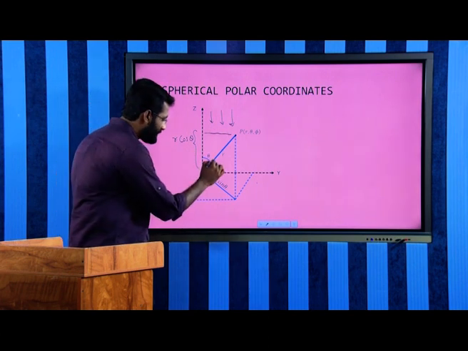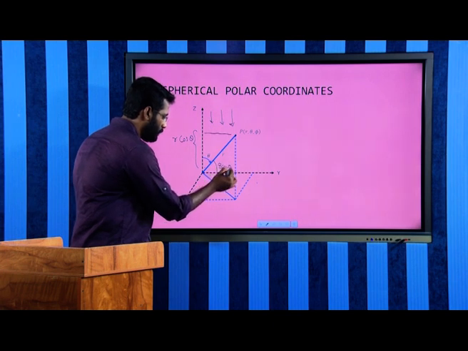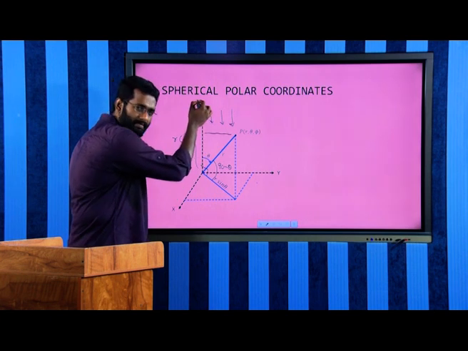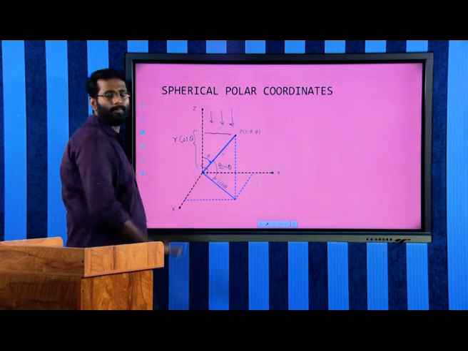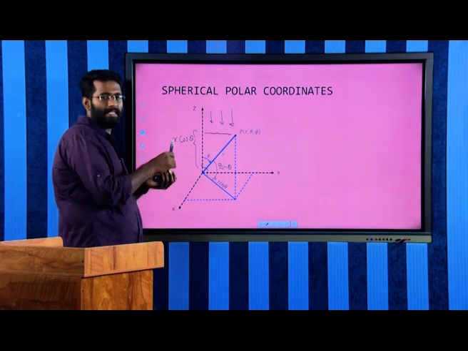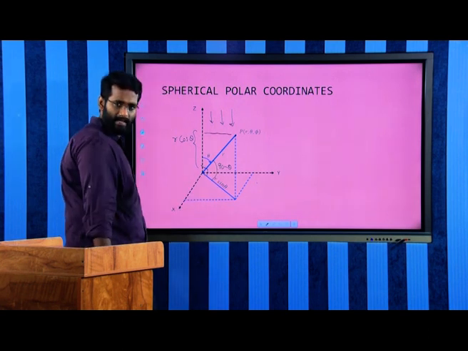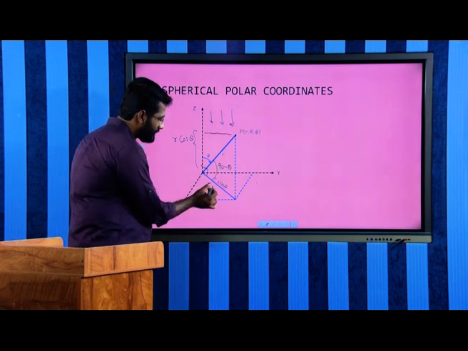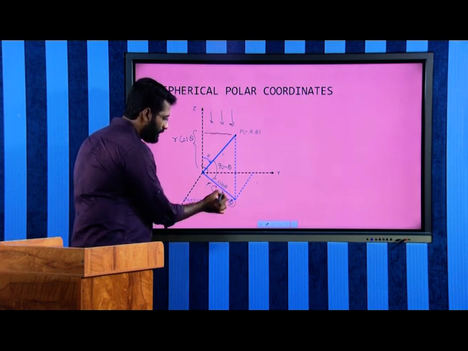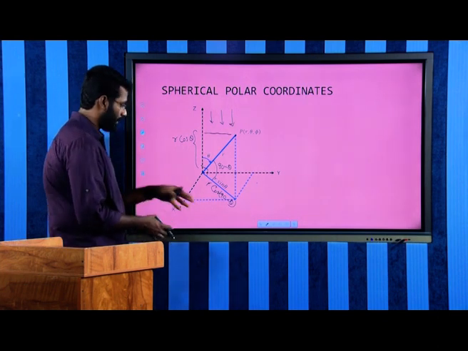That means this angle is 90 minus theta. Why is this 90? Because the xy plane always makes a 90 degree angle with the z axis. So the remaining is 90 minus theta. So this side is r cos(90 minus theta), and we know that cos(90 minus theta) is sin theta. So we got r cos theta, sorry, r sin theta.